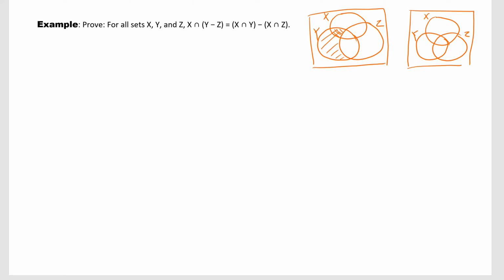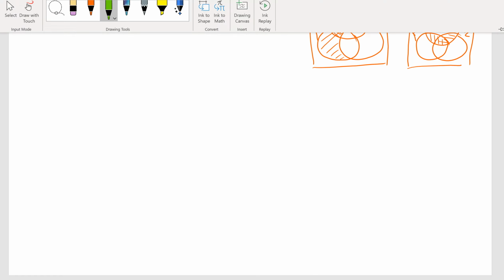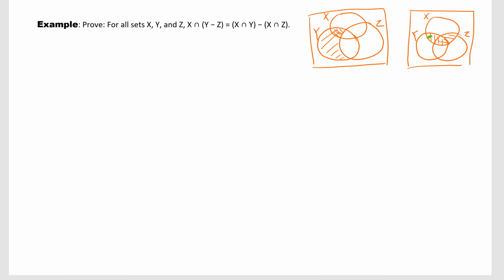Next, we have x intersect y here, x intersect z there, and we want x intersect y minus x intersect z. Then what do we have? We have this region, right? So you can see in both pictures we have the same region. So we know they're equal.